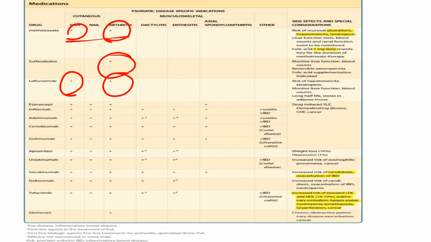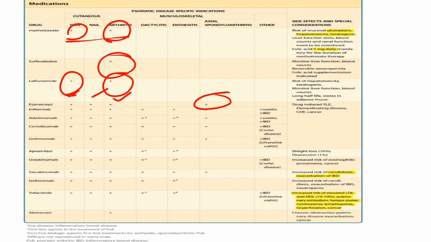Etanercept is effective in psoriasis, nail disease, arthritis, and axial spondyloarthritis. Infliximab, etanercept, adalimumab, certolizumab and golimumab are all effective in skin psoriasis, nail psoriasis, arthritis, dactylitis, enthesitis, and axial psoriatic arthritis.